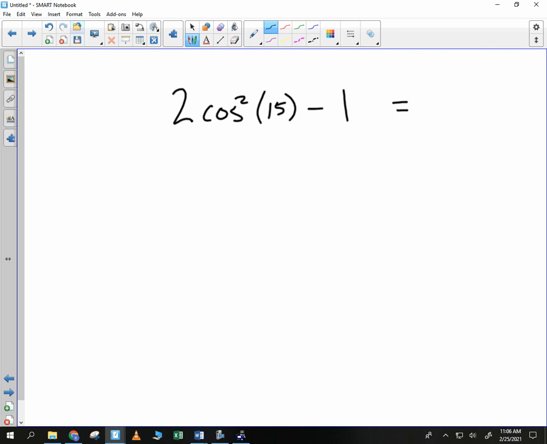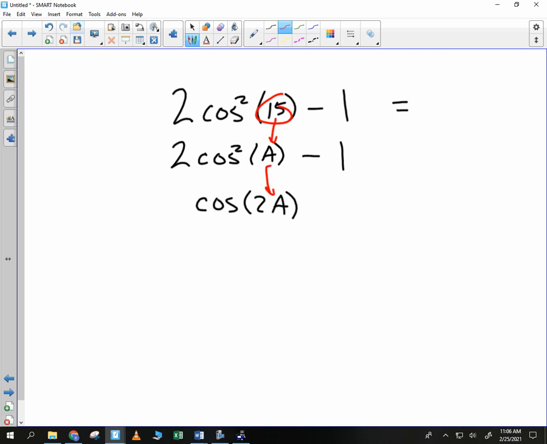Just note that this is the same as 2 cosine squared of an angle minus 1. And we learned that that is the same as cosine of a double angle. So what is the angle that you're working with in this situation? It is 15. So you end up with cosine of 2 times 15, which is cosine of 30, which you know is the root of 3 over 2.